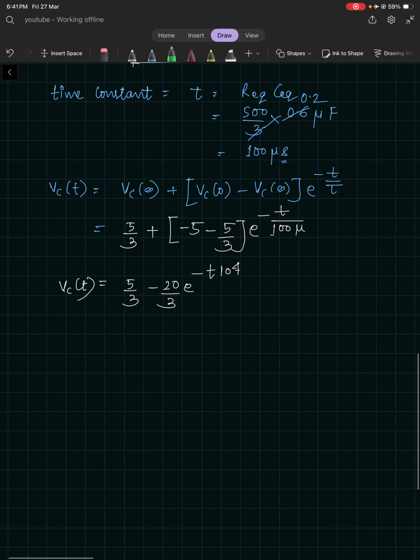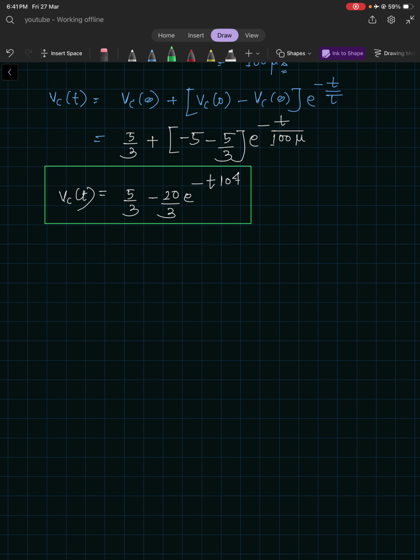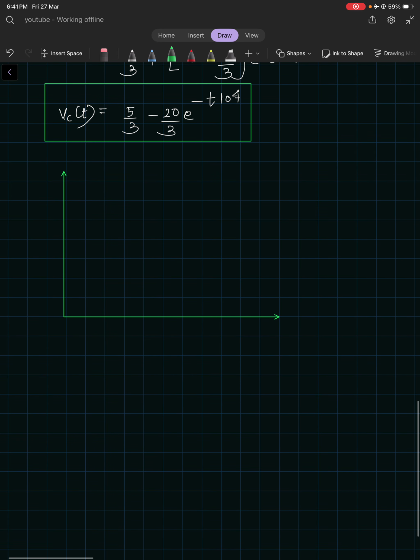So let me take the shape. This is the equation, and if I need to draw the graph, see, the initial voltage, let me say this is Vc.